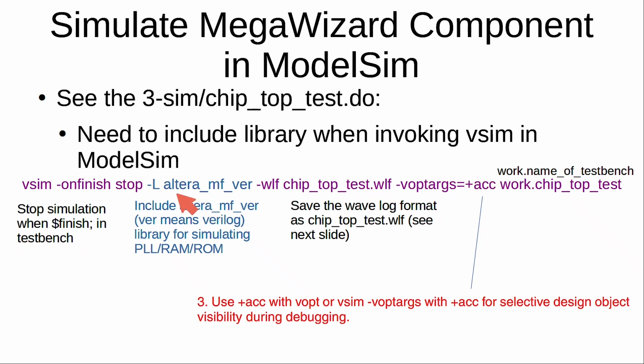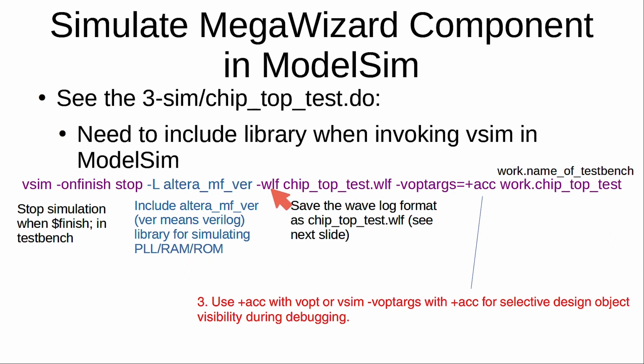And because we are simulating Mega Wizard components, we need to include the Altera Mega Wizard function library. And this underscore ver means that it is a Verilog library. We need to include this because we are using the Altera generated PLL, RAM, and ROM.